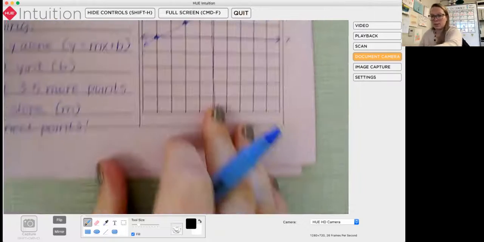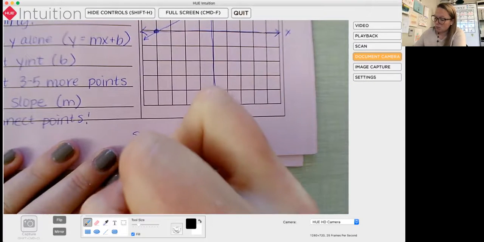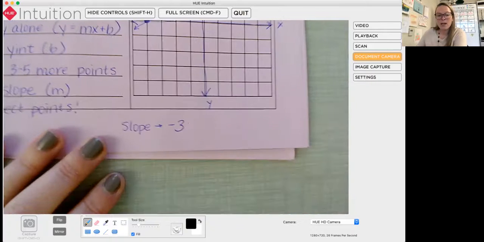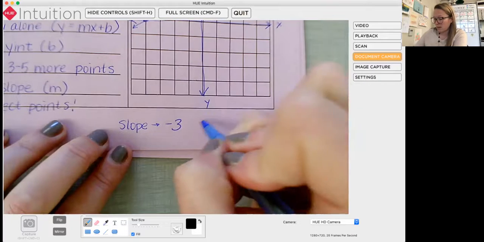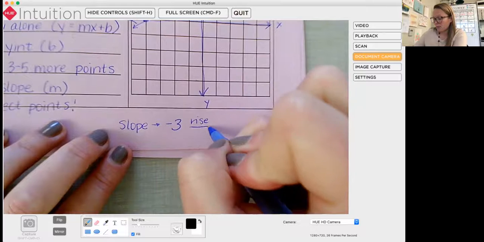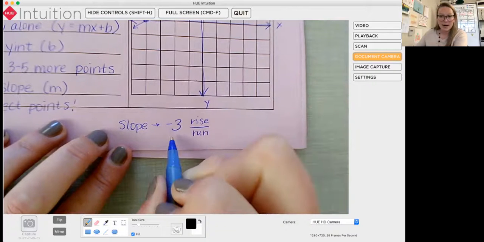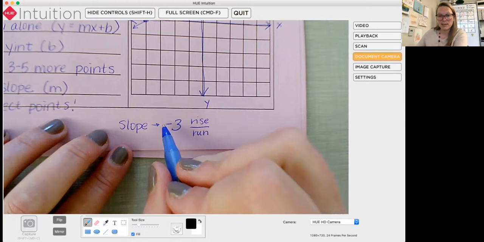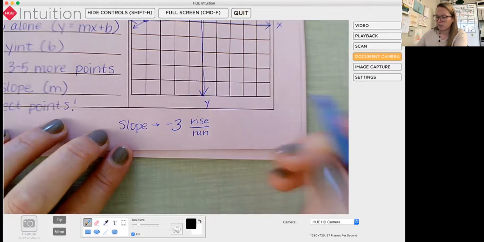Now, one thing about the -3, and I'm going to write this actually down here, is if I have a slope that is -3, remember that slope is rise over run. This is not in a fraction form though. So if I have any whole numbers like this, it is helpful to turn it into fraction form.